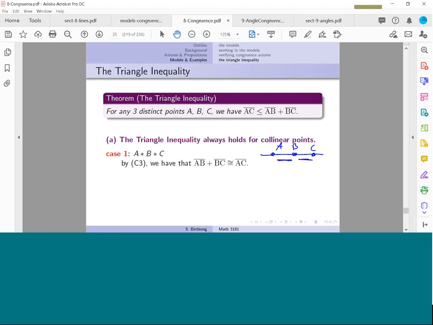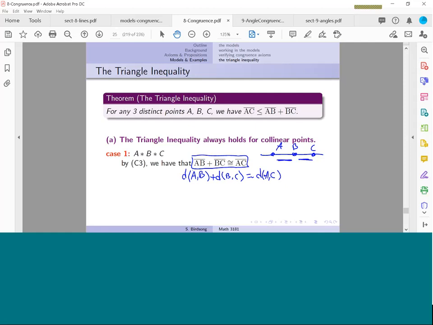And remember, in terms of a model that has a distance formula, this expression with the congruence is exactly the same thing as writing the length of AB plus the length of BC is equal to the length of AC. And that's exactly what your third congruence axiom says. So bam, we're done already with that part.